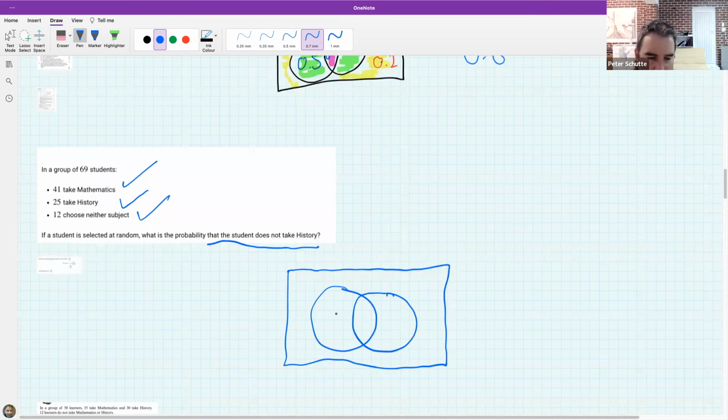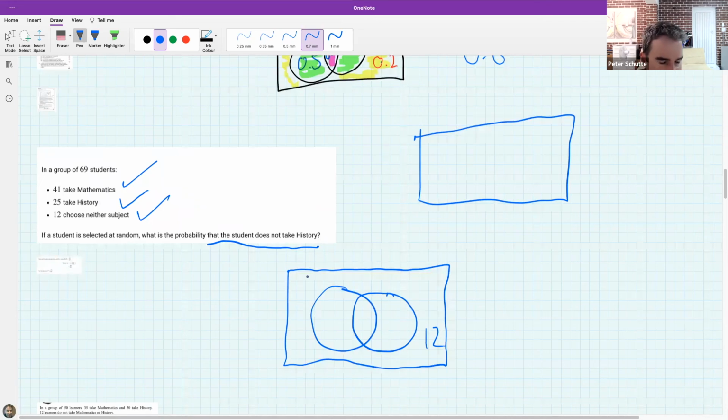I'm just trying to think, there might be another way that we can actually do this. Let me just experiment. So we know there's 12 out here. I actually thought of another way that we can do this, but let's just see how we go.